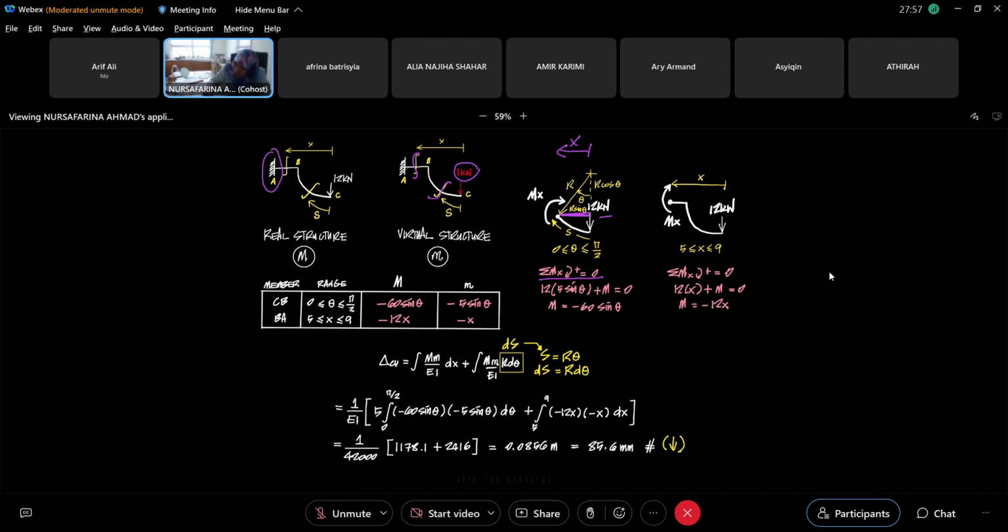This is the X, R sin theta. You must know how to get R sin theta. This is trigonometry, same as when we do a truss. Angle theta from 0 to pi over 2, because this is 90 degrees, and pi is 180. Calculate, and you will get M negative 60.